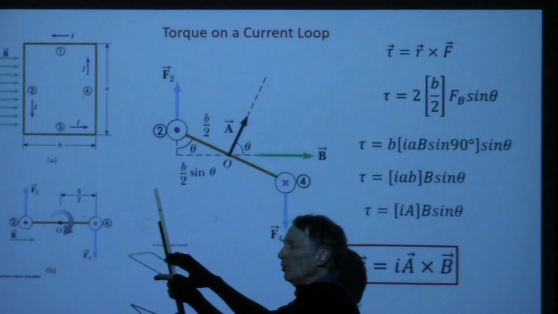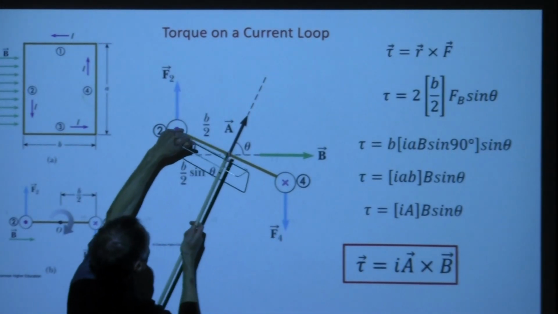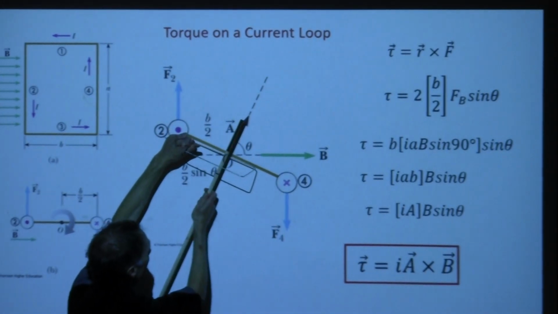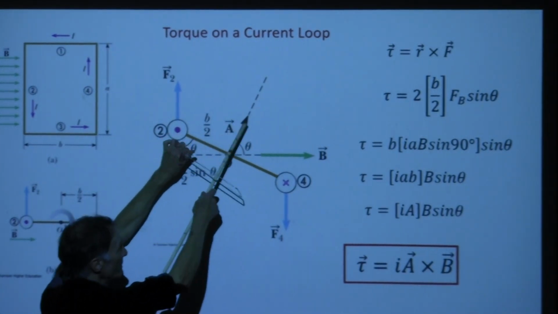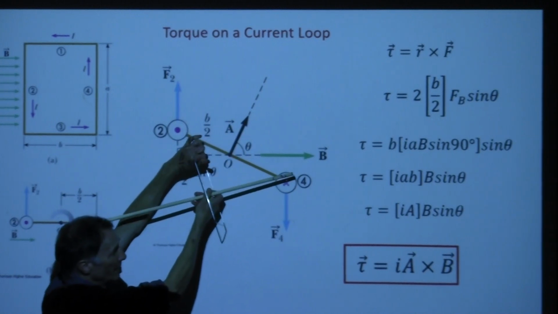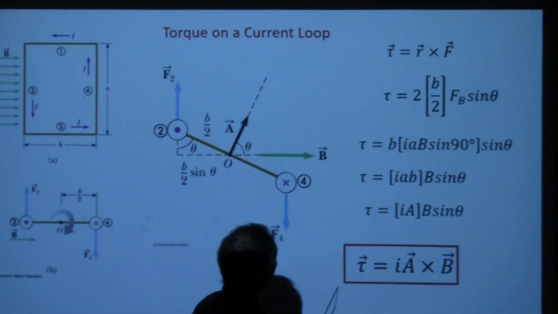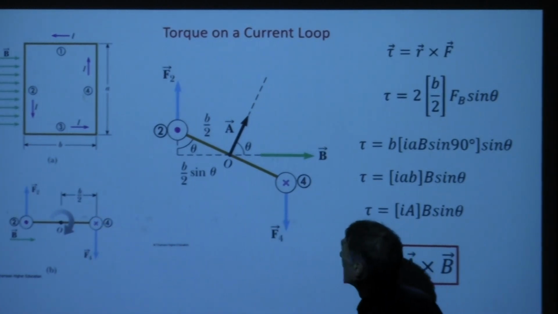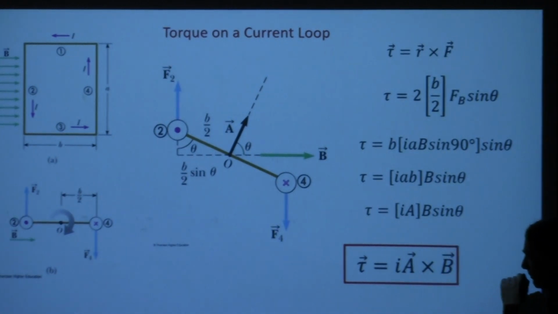So if we have that loop, the area vector pointing out would go in that direction. And the torque actually wants to get this thing to twist and turn and face the magnetic field and go along with it. So it torques around a bit like a compass needle, where it's going to want to line up with the field, and that would be the direction of the torque.